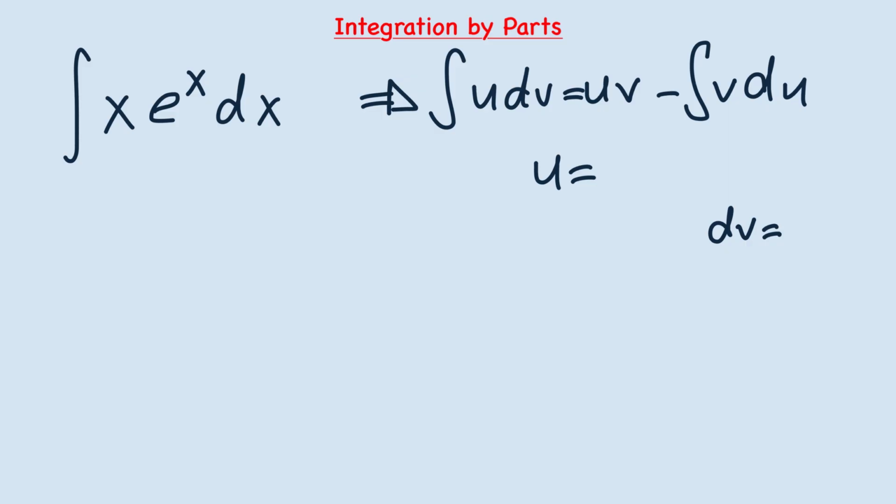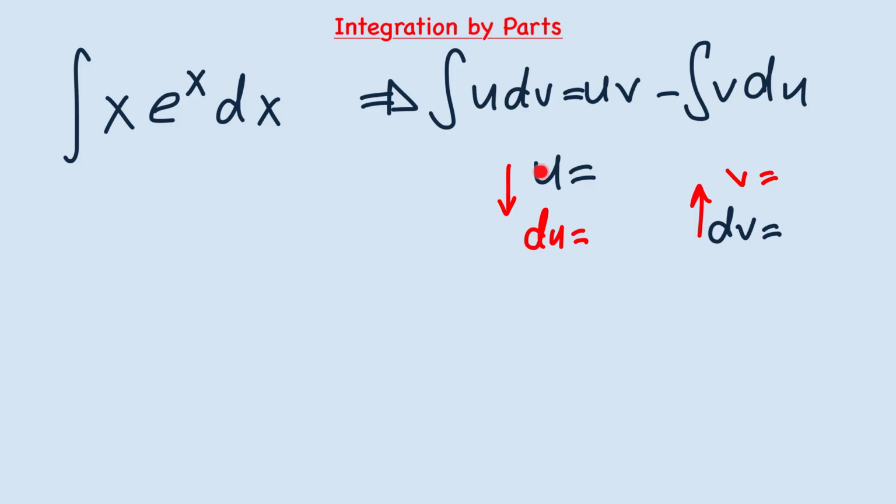Okay, so next we have to find du. We have to find the derivative of u, and we have to integrate dv to get v. So whatever is written here in red, this is what we are going to find by ourselves.